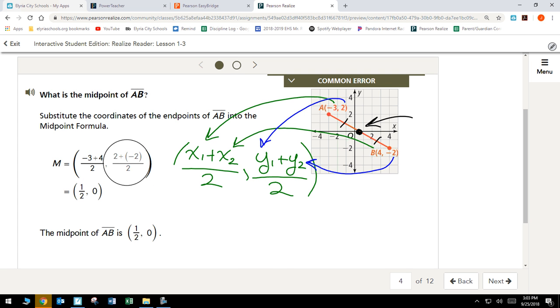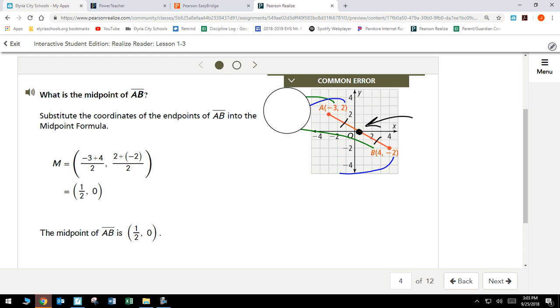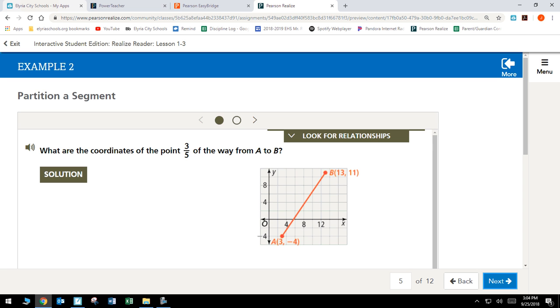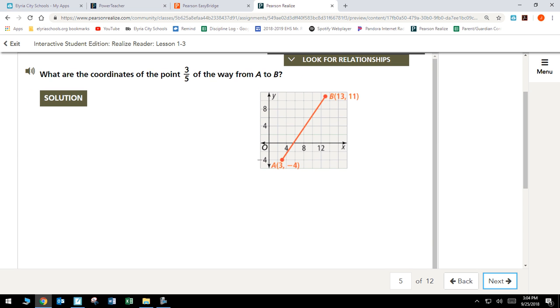So again, midpoint is finding the average of your x's to get your new x value, the average of the y's to get your new y value. Now, what if we don't want to go halfway? What if we just want to go 3/5 of the way? In order to find a fraction of the way between these 2 points, we first have to ask ourselves, how far am I going?